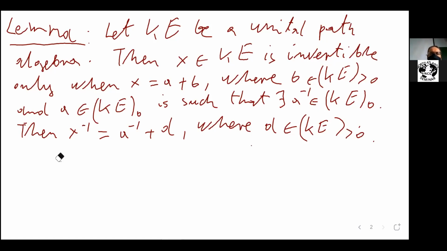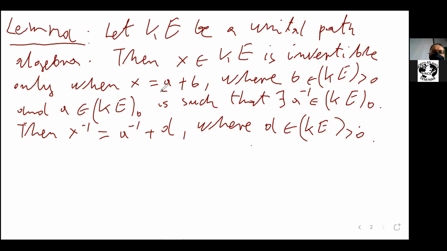Because you have this direct sum decomposition of any path algebra into this commutative part, direct sum the arrow ideal, you always have A plus B given uniquely, right? If you assume A to be in KE0 and B in the arrow ideal, then this decomposition is unique.